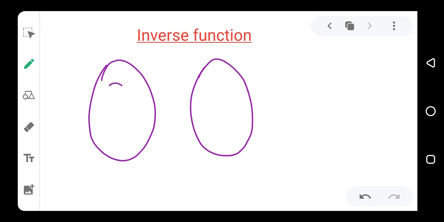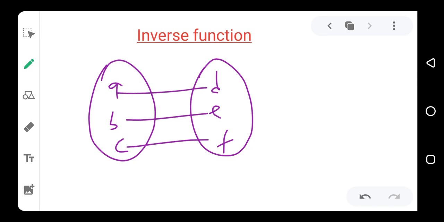If we have this A, B, C, and we have here D, E, F, this maps to this, this maps to this, this maps to this. This is a mapping, but it is not a function. So it means that not all mappings are functions.